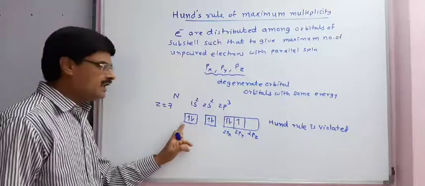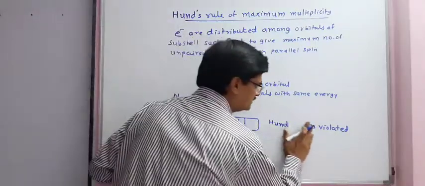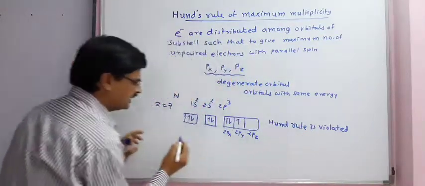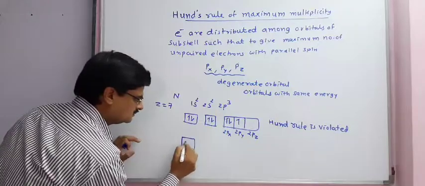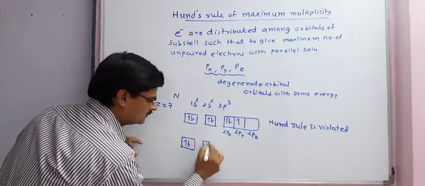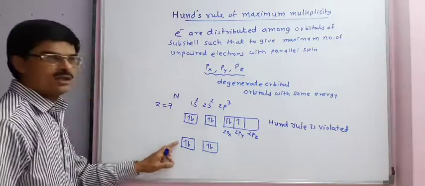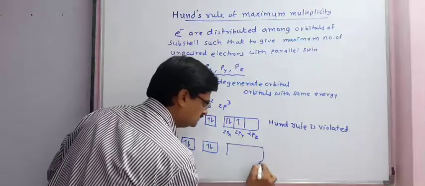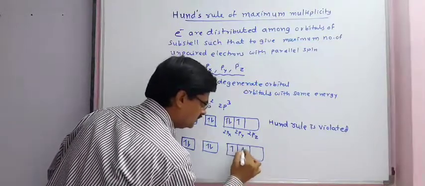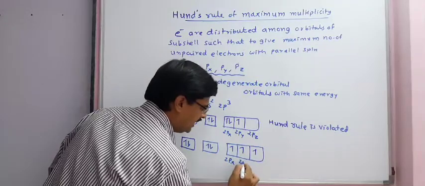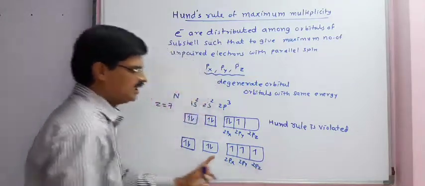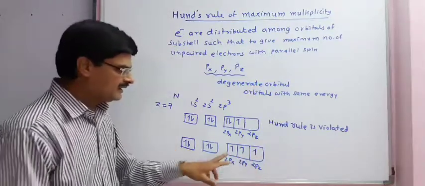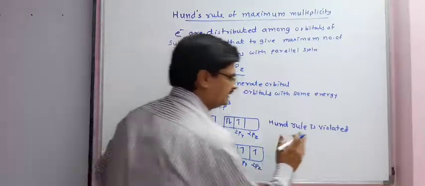Therefore, the correct electronic configuration of nitrogen can be written as 2 electrons in 1s orbital, 2 electrons in 2s orbital and in 2px, 2py and 2pz orbitals each will get 1 electron. So again we can say that maximum number of electrons remain unpaired.